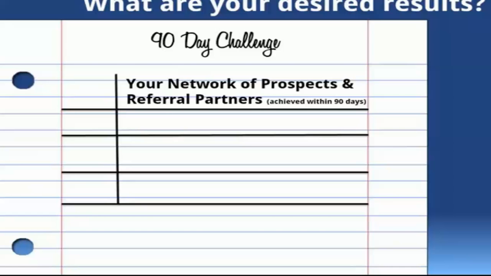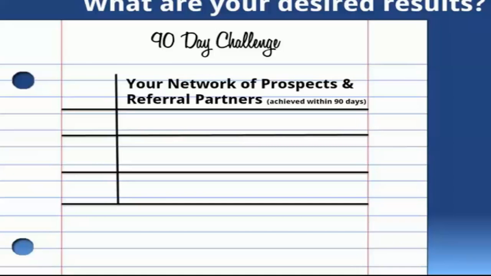So when either they or someone they know is in the market for what you do, your name is one of the ones that pops into their mind. I think that is a very powerful system worth putting in place. So what I'm saying is that you can have both quality and quantity. I just wanted to address that because that is a good question.